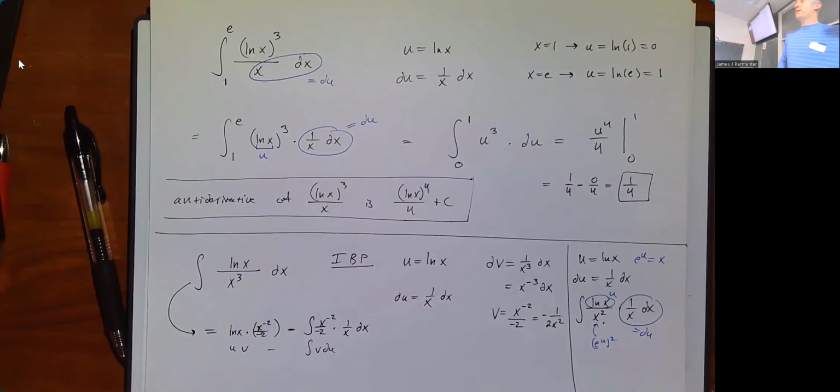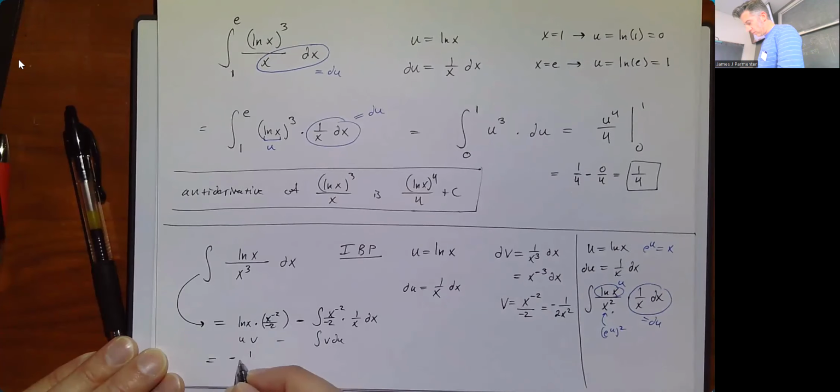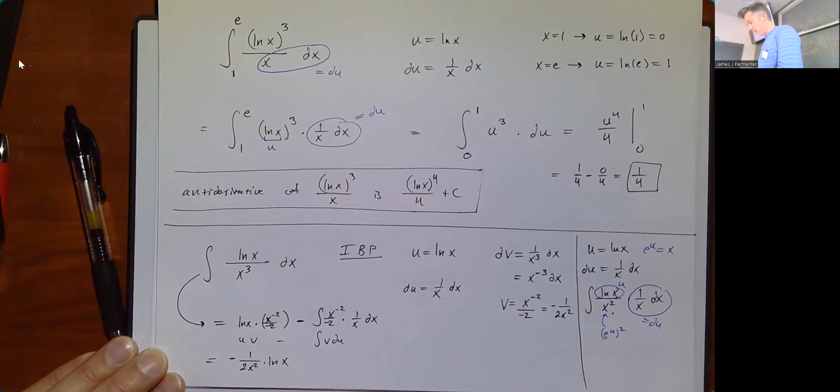The whole point of integration by parts is that the new integral here is simpler. It's easier to actually anti-differentiate, as long as we take the time to actually simplify it first. So rewriting this, I'm going to write negative 1 over 2x squared times natural log of x, because I just prefer to write it that way.